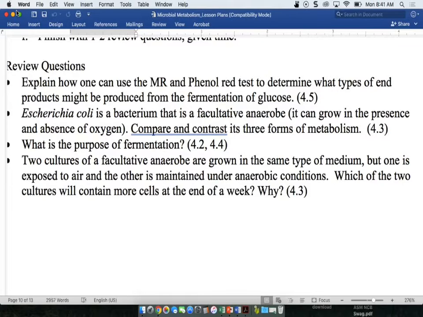Okay, so the question again: 2 cultures of a facultative anaerobe, same organism, growing in the same type of medium. One's exposed to air, the other's maintained under anaerobic conditions. Which of the 2 will contain more cells at the end of the week? Any guesses?